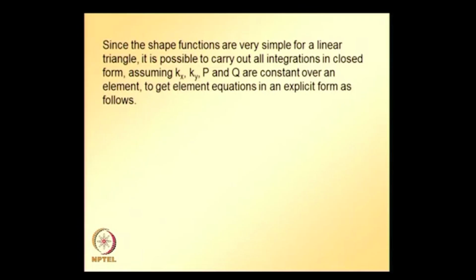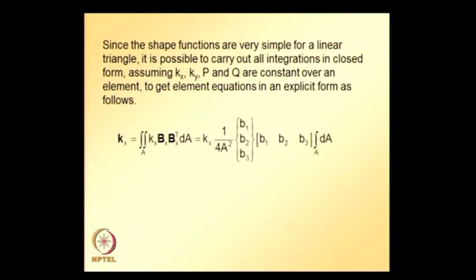For the linear 3-node triangle element, since the shape functions are very simple, it is possible to carry out all integrations in closed form, assuming Kx, Ky, p, q are constant over the element, to get element equations in explicit form.